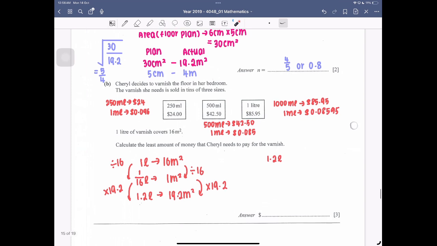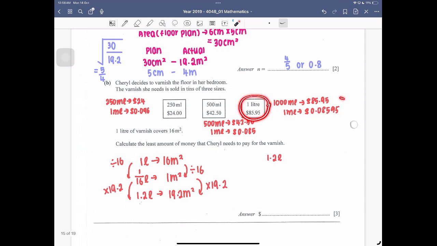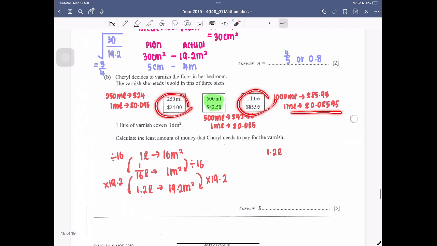It doesn't mean that taking the 1 liter will be the cheapest. Because if you see, it's 0.08595, whereas this is 0.085. Behind, no more decimals is actually 0, so 85, then here is 9, but here is 0. So actually this is the cheapest, 500 ml is actually the cheapest, followed by 1 liter, then lastly this one.